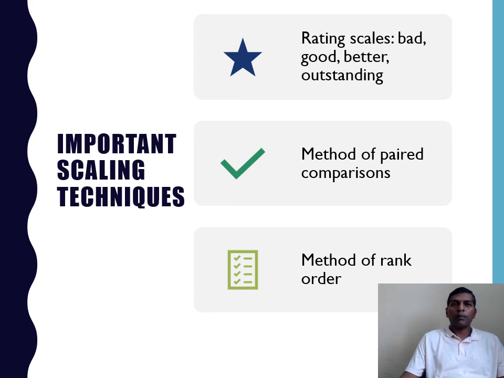Method of paired comparison. Sometimes if the rating is not possible, we can ask a question like, do you like this particular subject? He may say yes or no. So he will have one of the options, either to say yes or to say no. The comparison based mechanism will help you provide a different kind of scaling technique.